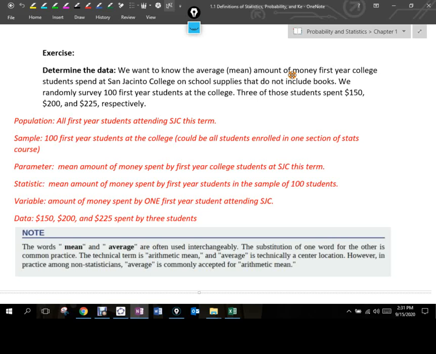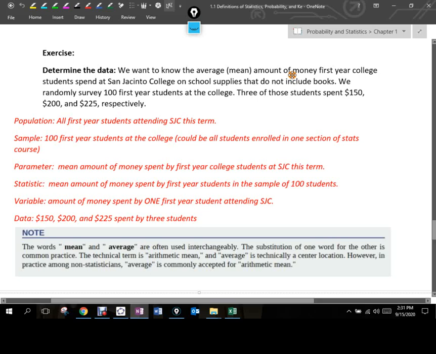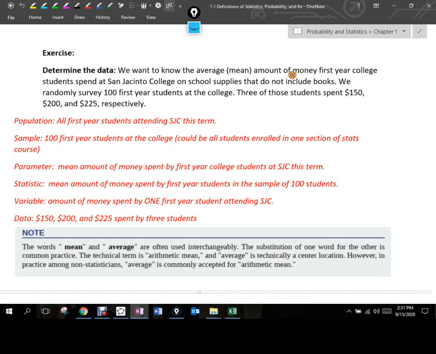So if I'm measuring money spent by first-year college students, and that's my parameter, then money spent by the people in my sample has to be my statistic. Does that make sense? If money spent is my parameter, my statistic can't be average age. Those things don't match. So we figured that stuff out the other day.